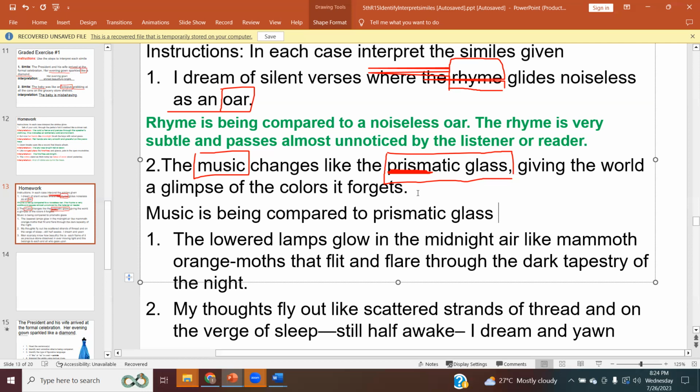So, Mr. Petit, if I put different sounds, it's still the same thing. You have to explain that. You can't just say different rhythm, different sounds, you have to break it down. What does the sound cause? It causes different mood changes and different expressions, different emotions, and you talk about the rhythm. So music is being compared to prismatic glass, right?